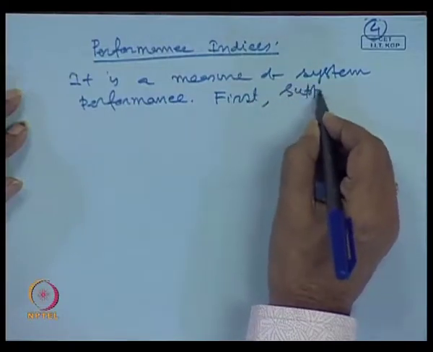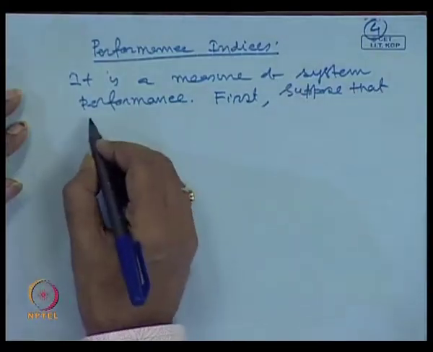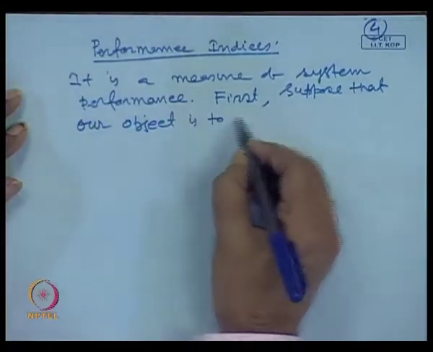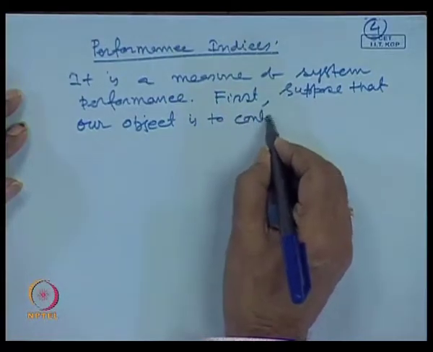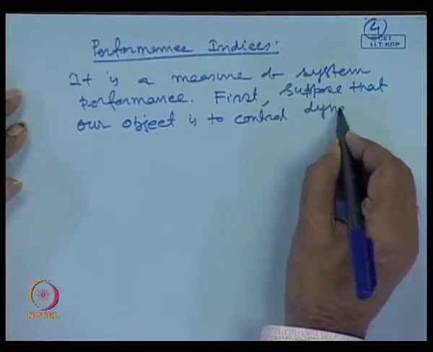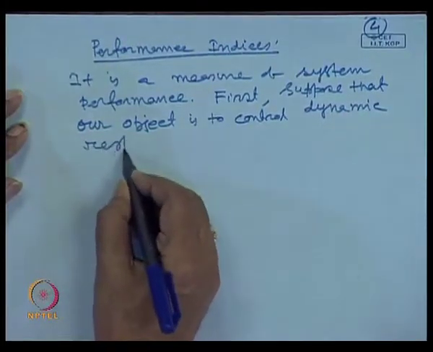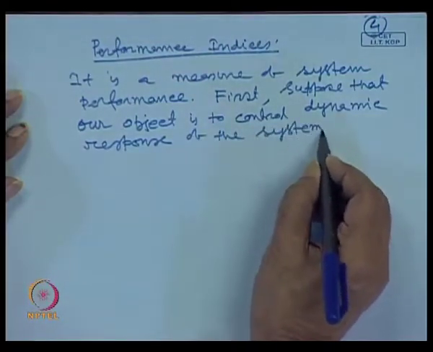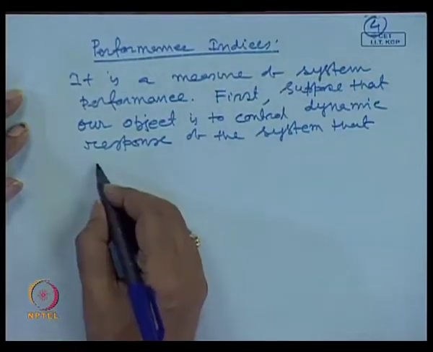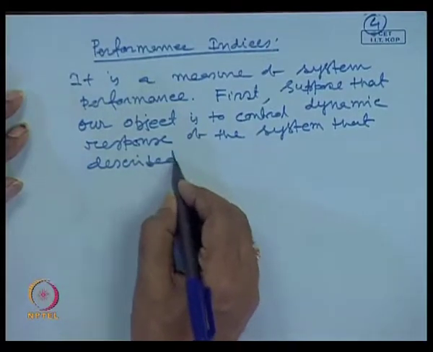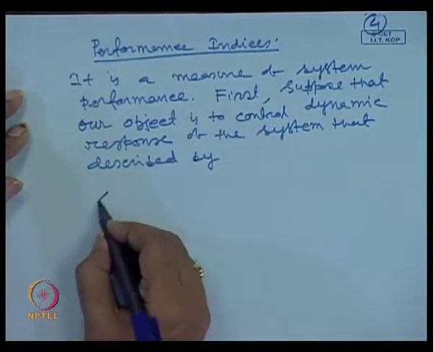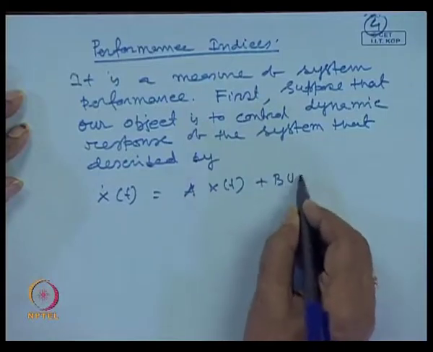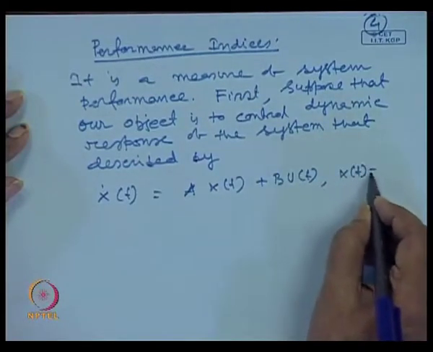Suppose that our objective is to control the dynamic response of the system described by x dot is equal to A x of t plus B u of t, and the initial condition is known or given.